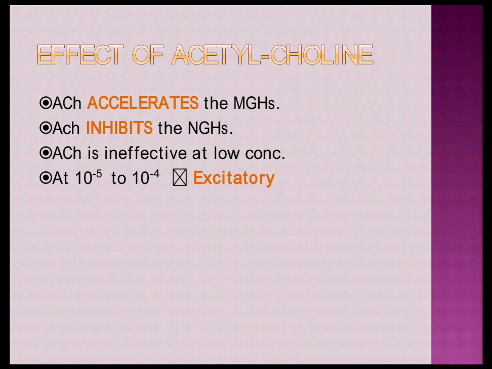Now just see the power of the acetylcholine. It can accelerate the myogenic heart at this particular concentration. It is highly qualified to be the accelerator of the myogenic hearts, if it can accelerate or excite the heart at this particular concentration.